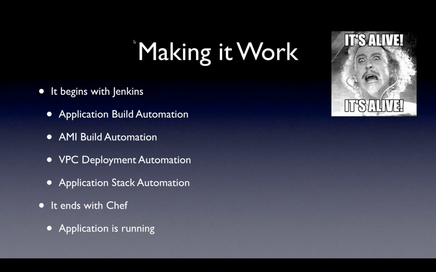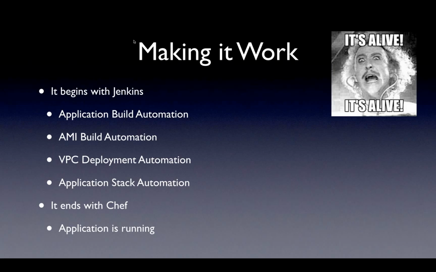So how do we make it work? It begins with Jenkins. Actually, if you go look at my previous slide, it really begins with Git. In a subsequent slide, I'll go through the workflow, but with Jenkins, we do the automation for our applications, our application builds, our AMI builds, our VPC deployments, our application stacks, and it ends with Chef.